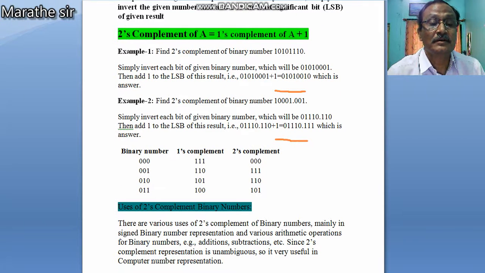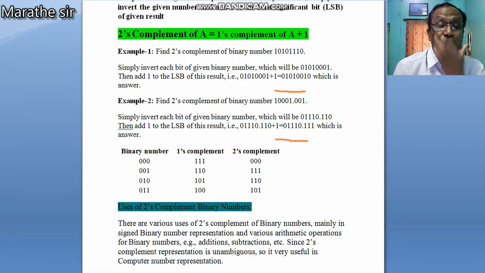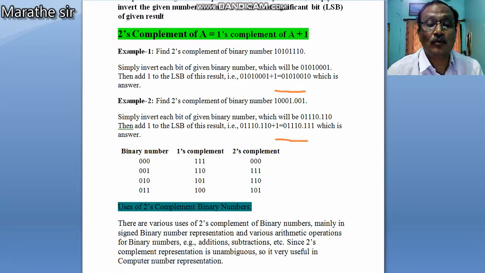Here some examples are shown. There are 3-bit binary numbers shown. For the 3-bit binary number 000, its 1's complement is 111 and its 2's complement is 000. Second is 001, its 1's complement is 110, its 2's complement is 111.